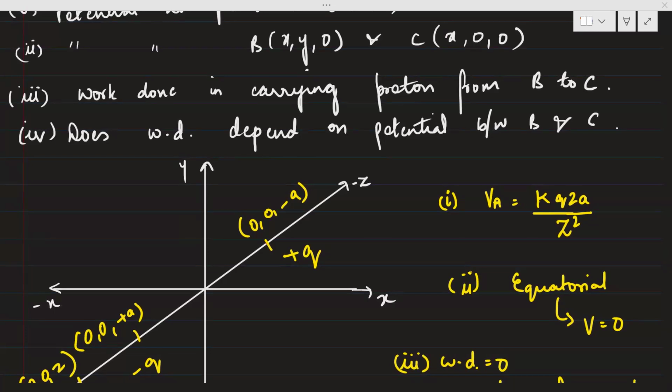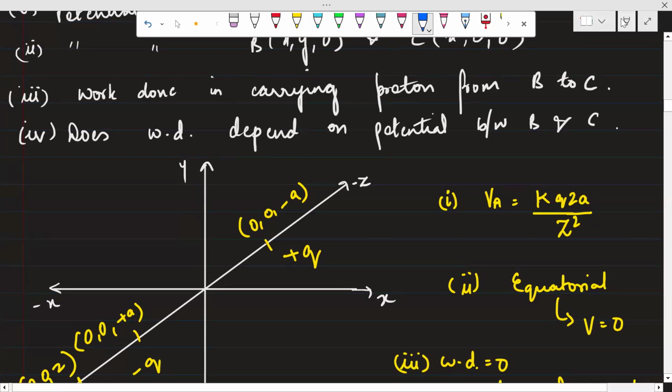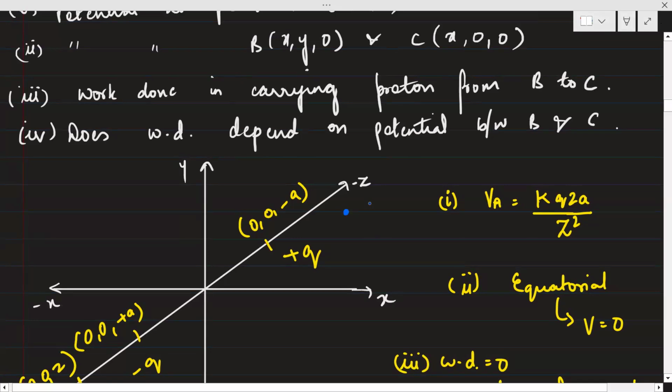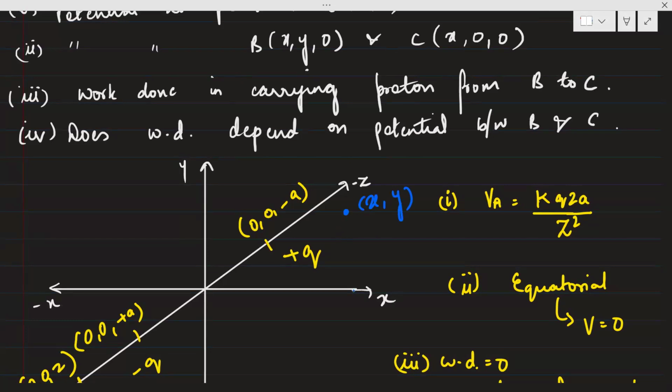Can you repeat the perpendicular part? Perpendicular in the sense, see, B point is x comma y comma 0. If you locate this point, it will be somewhere here. The values are not given, x comma y. So the plane will always be perpendicular to the z-axis. This is your xy plane, this is the z-axis, so it will always be perpendicular to it.